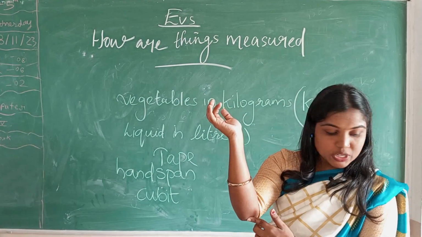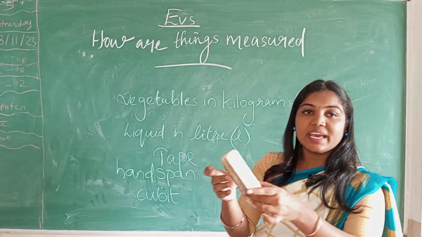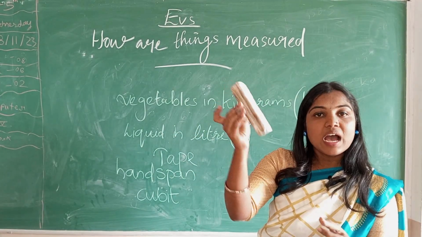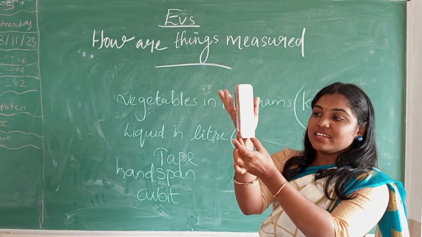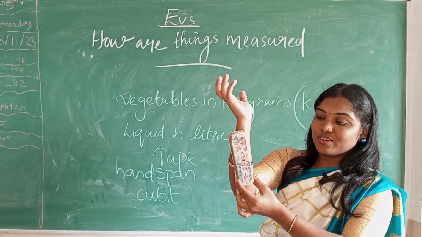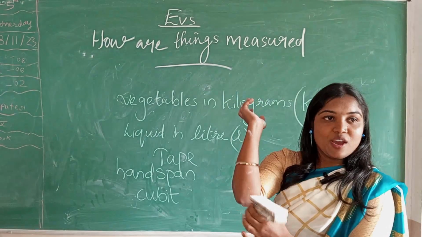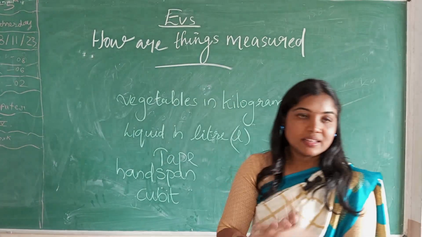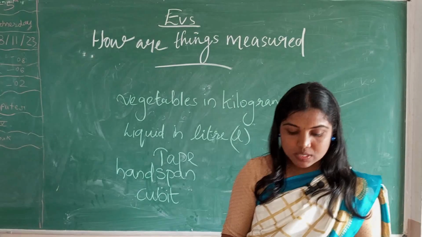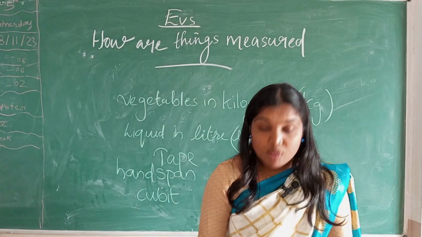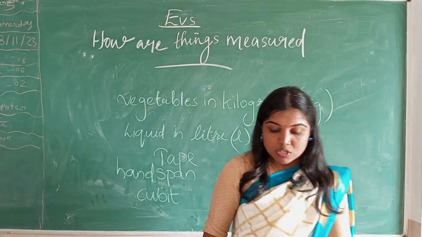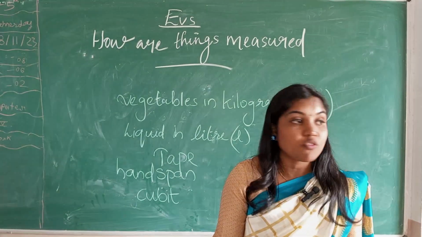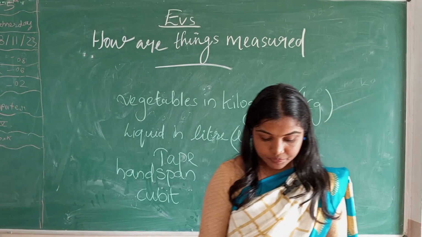We have to measure the object. Look here. What is this? This is the duster. How to measure the duster? 1, 2, then 3. This way in early times they measured. And foot span, our foot span and our stride are also used to measure the length of an object.